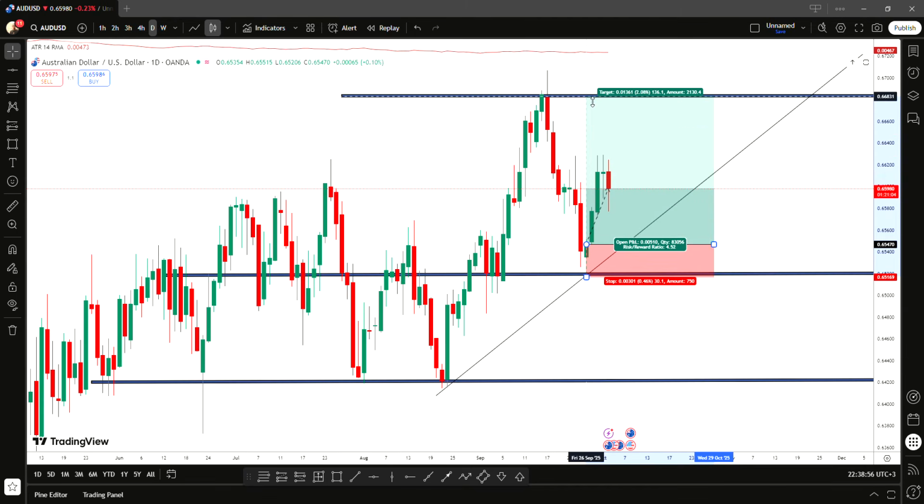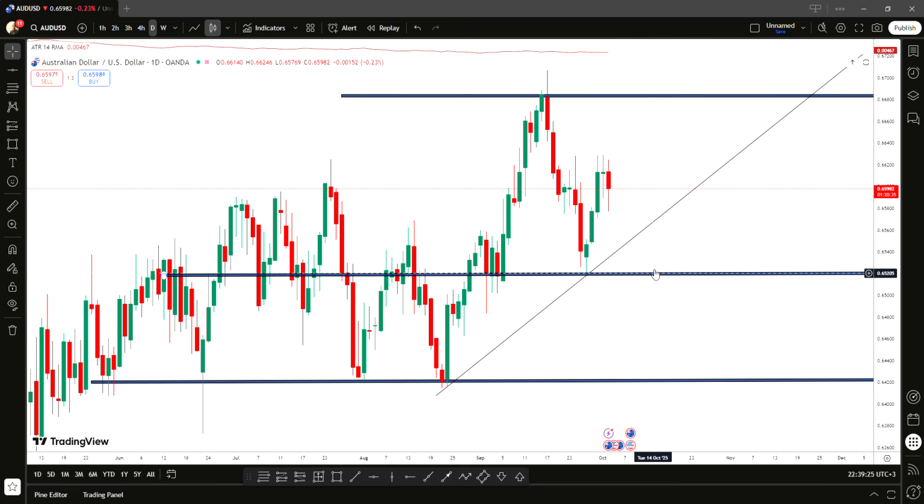That is 137, which is 1:4.5. By now price would have given you around 50 pips, that is 1:1.6, but it went up to 1:2. But the target should be up here, because price is now in an uptrend. That is one way of taking advantage of those entries.